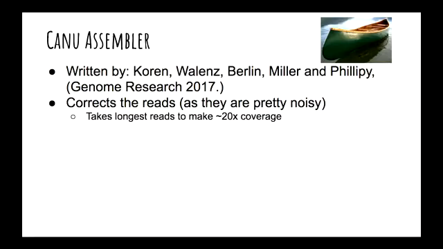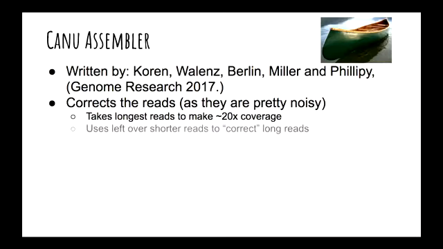So it puts all the reads together, orders them by size, and then takes the longest reads to make around 20 times coverage depth of our genome. You need to know roughly how big your genome is, and it subsamples the reads, takes all the longest ones, and says, all right, now I've got enough to make around 20 times depth of my genome.